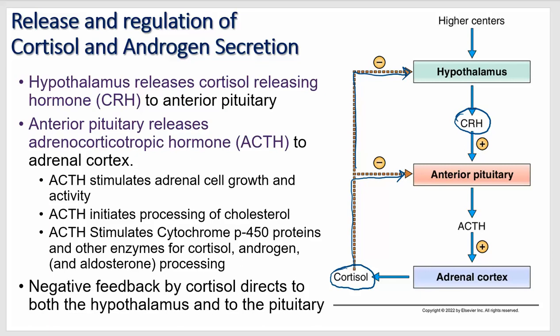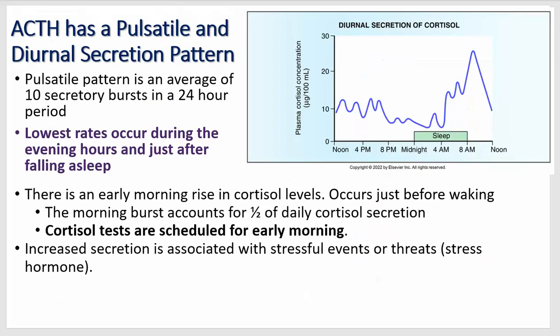So ACTH stimulates cytochrome P450 proteins, which are involved in the template to make other enzymes for these enzymatic processes, for cortisol, androgen, and even aldosterone processing. So it makes all of the stuff that's needed to make these hormones. All right, so negative feedback by cortisol directs to both the hypothalamus and to the pituitary.